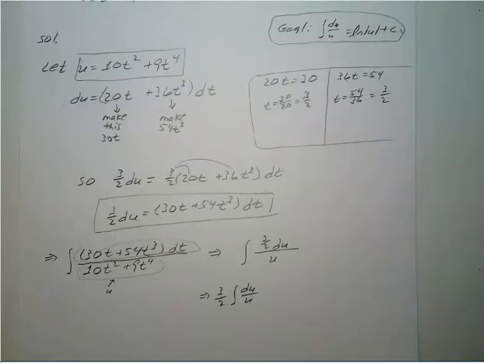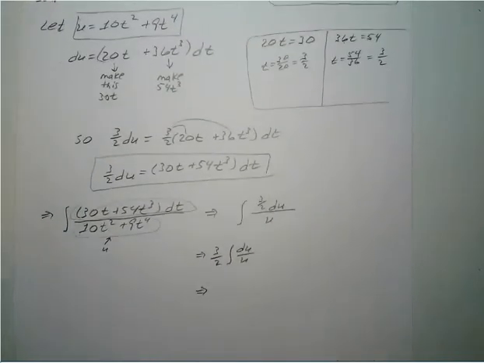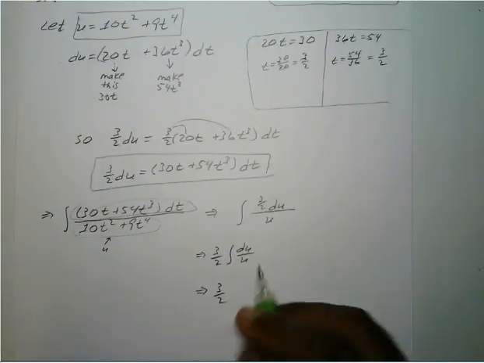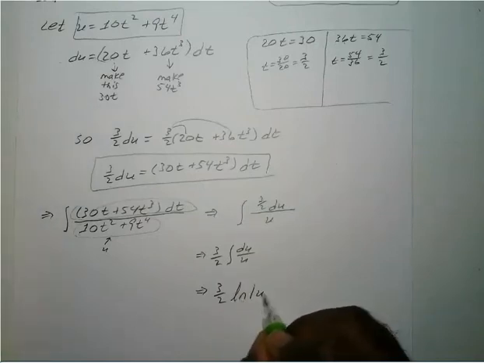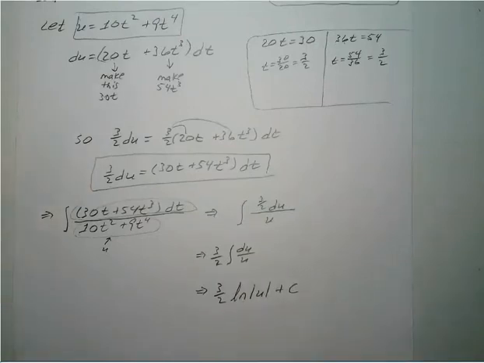All right, so what's the integral of du over u? Move that up. That's just 3 over 2 times the natural log of the absolute value of u plus c.